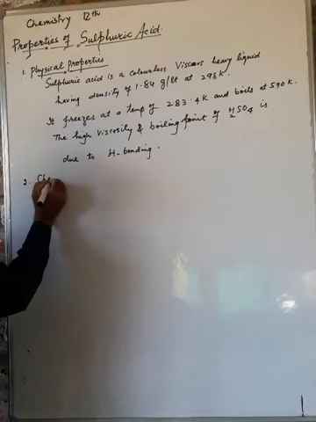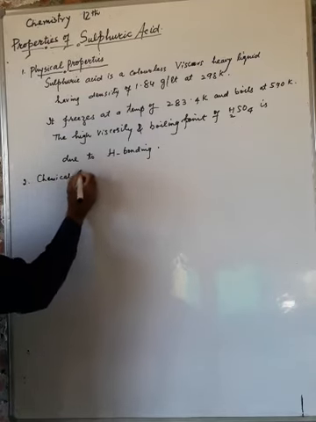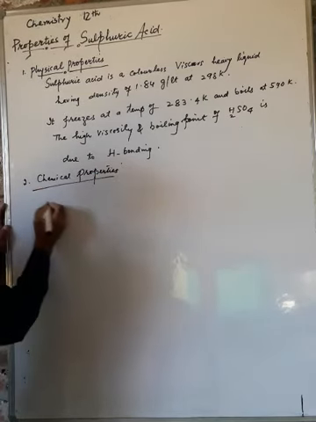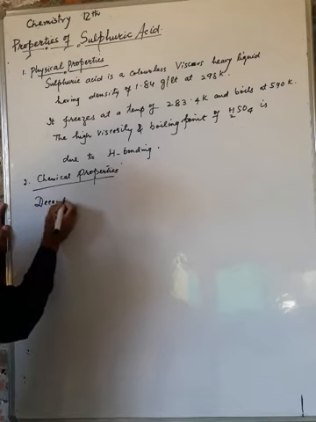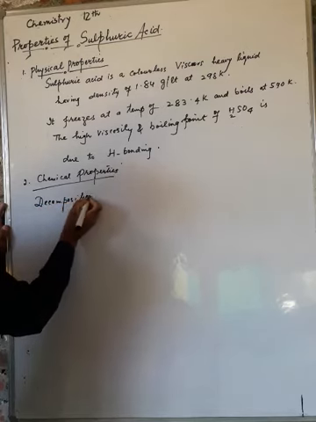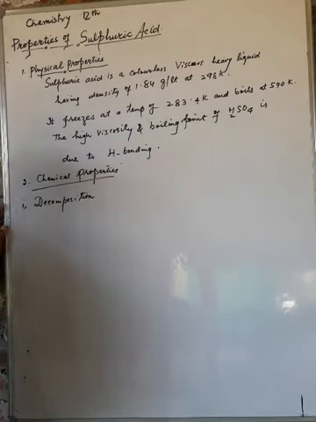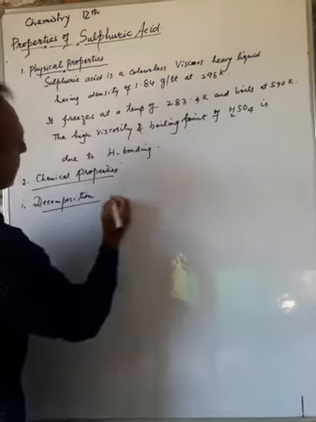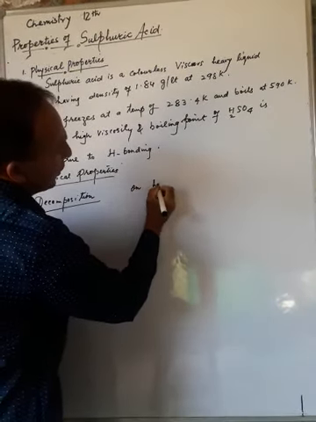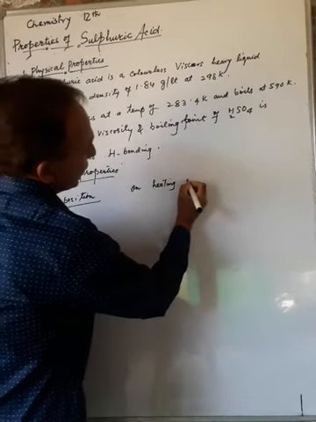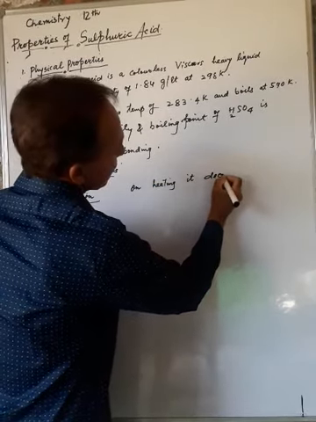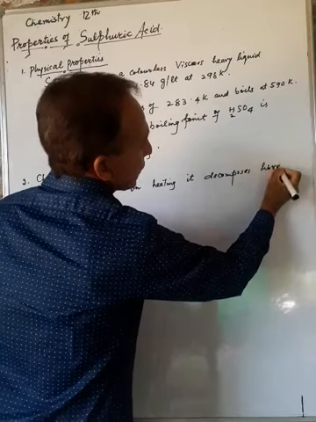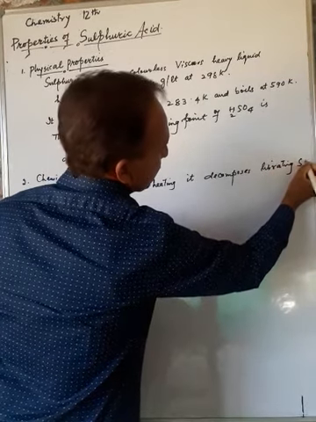Now we have chemical properties. Number first is decomposition. This sulfuric acid is quite stable, but on heating it decomposes, liberating SO3.